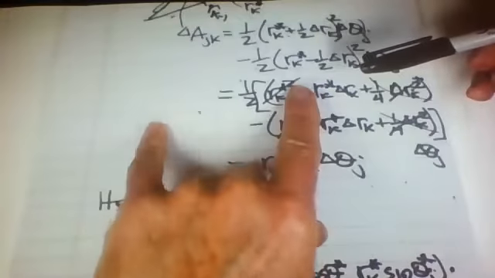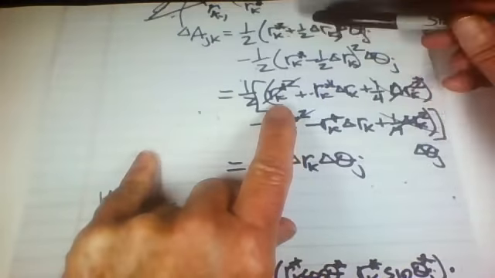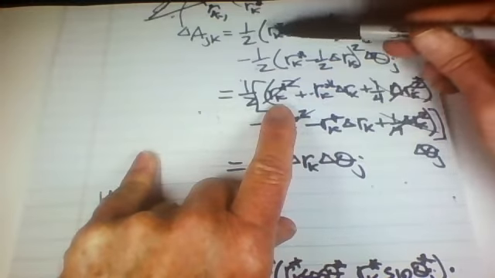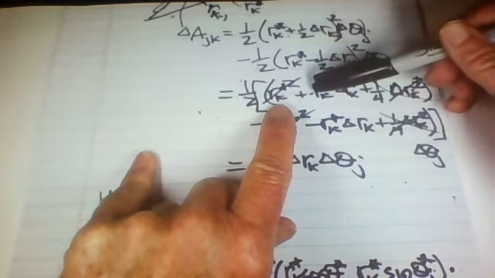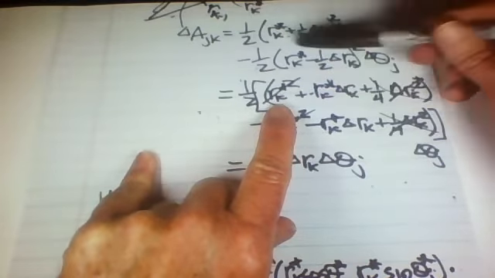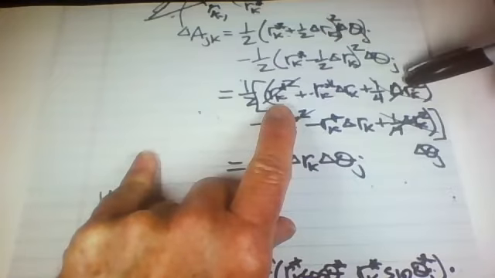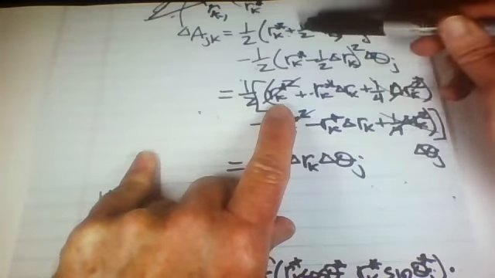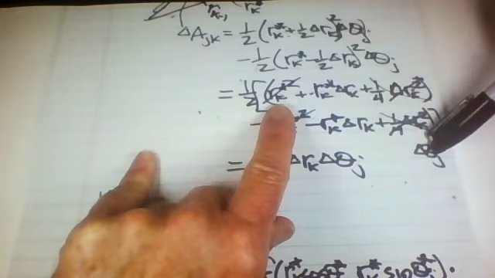But anyway, you have then, this is the outside sector area minus the inside sector area. And then you multiply this all out and you say, well, by foiling, this is rk star squared plus 1/2 rk star delta rk plus the same gives rk star delta rk. Plus this one squared is 1/4 delta rk squared. So this is the square of this one. That multiplies delta theta j and 1/2.